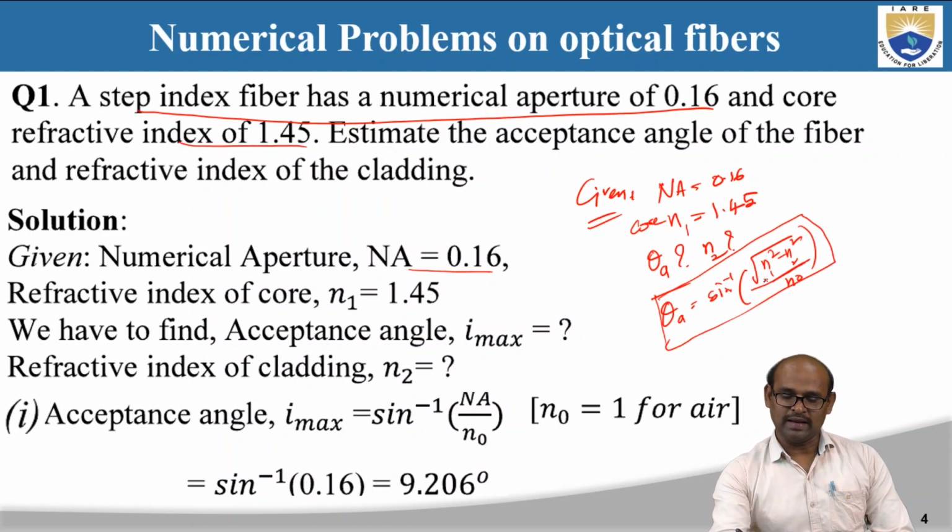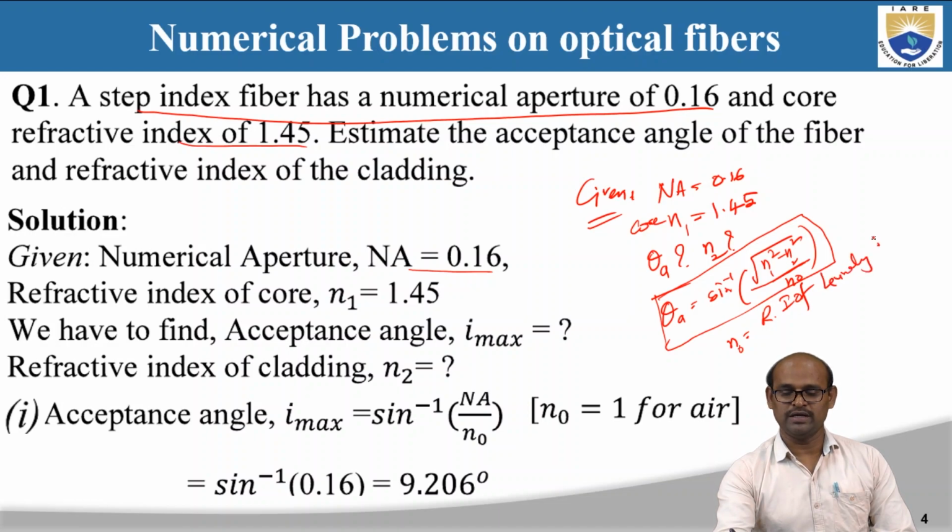Here n1 is the refractive index of core, n2 is the refractive index of cladding, and n0 is the refractive index of the launching medium.